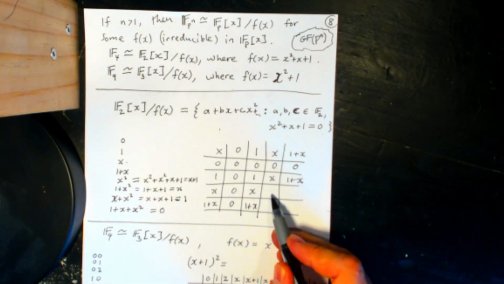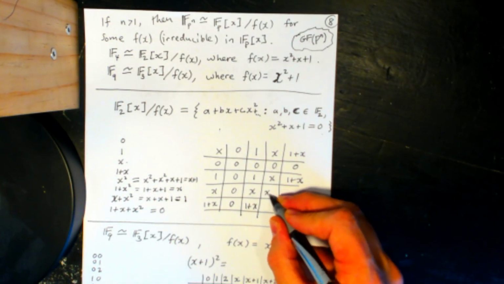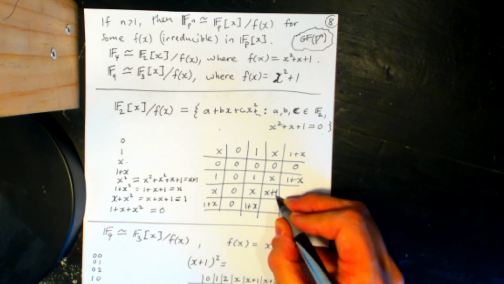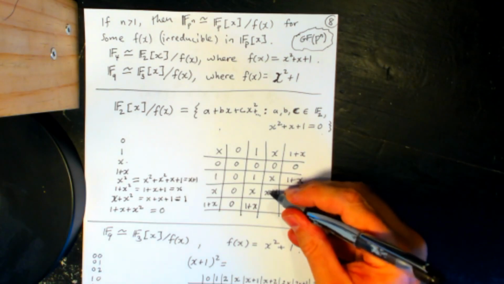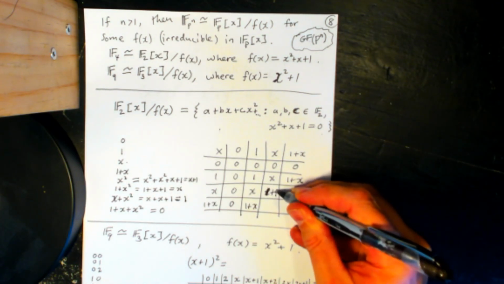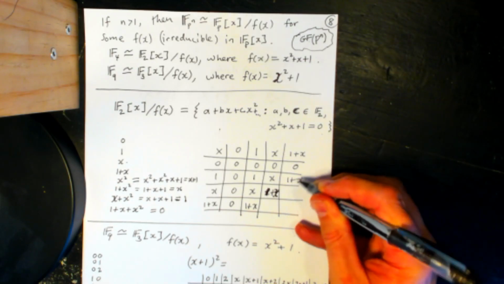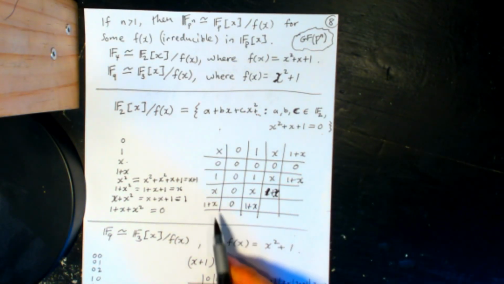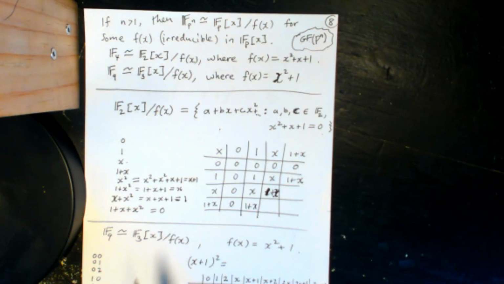x times x is x squared, but we've seen that x squared is x plus 1. Okay, which is 1 plus x. So I should probably put this the other way around, just so that it's more recognizable as the same element. Okay, x times 1 plus x is x plus x squared, which we've learned is the number 1. And the same the other way around.